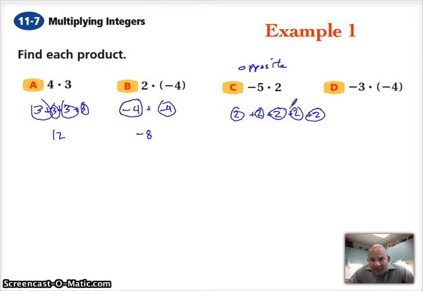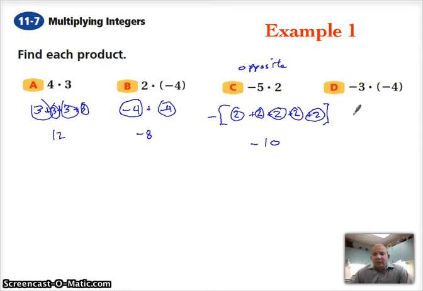There are our 5 groups of 2, and we're taking the opposite of that. Well, what does that mean? Once we get all these groups of 2 added together, which equals 10, of course, we're taking the opposite of 10. And the opposite of 10 is a negative 10. The opposite of 5 groups of 2, negative 10.